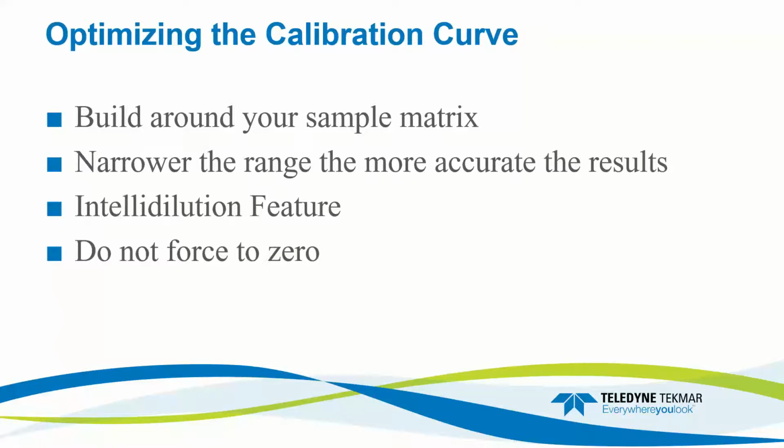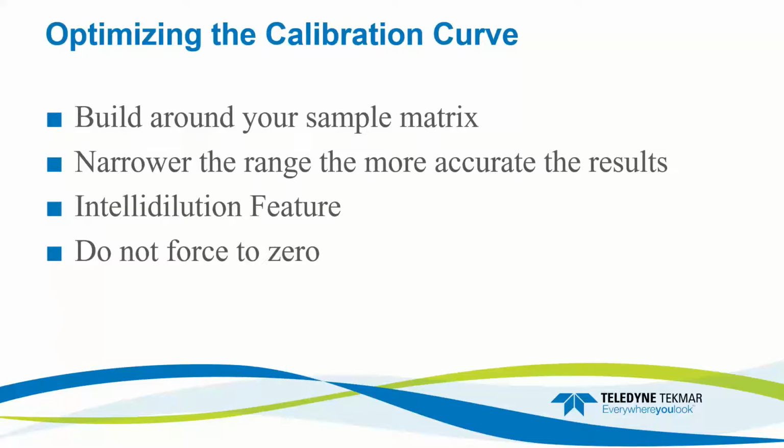We don't want a broad range. We don't want to go from 0 to 10 ppm and try to measure 50 ppb. That's going to push a lot of issues, and we're going to have to take into consideration going through 0, the slope of the line, and different things like that for calculation. So we want to make sure we bracket the curve, and that the value we're truly looking for is somewhere in the middle of that range.